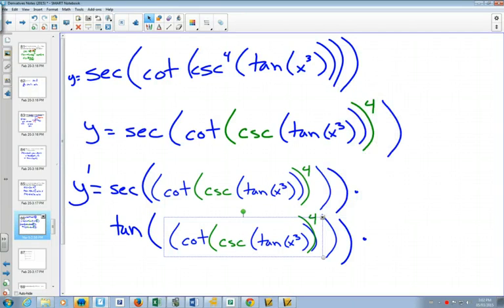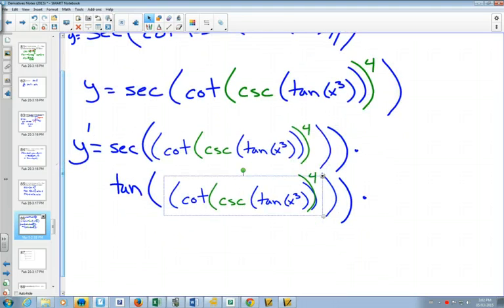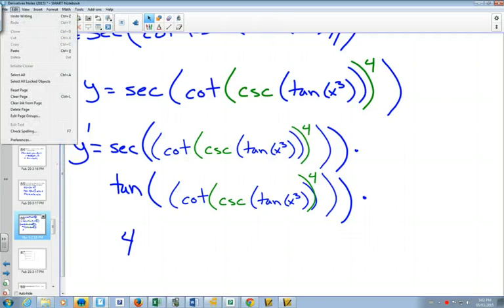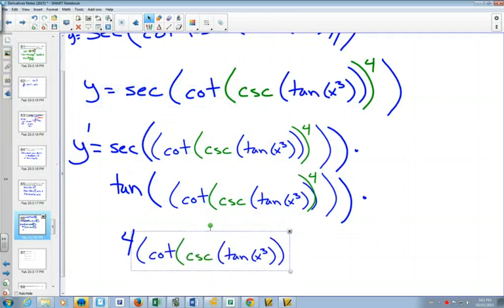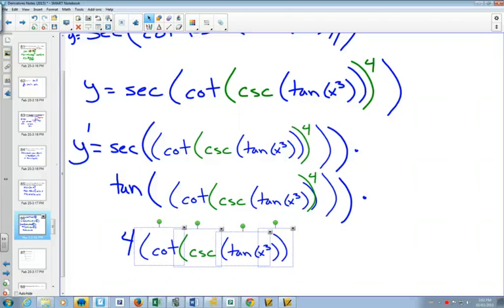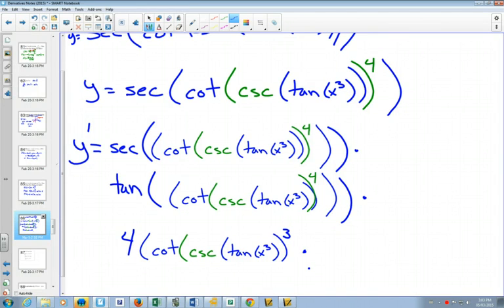And so the 4 would come out in front. Times by all of this to the power of 3. That's our next function. Times by, what's the next one on the inside?